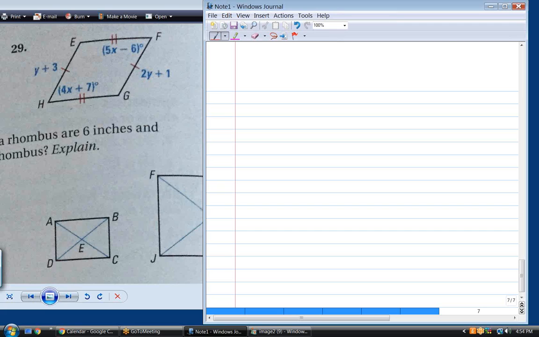Parallelogram is 2 equal and opposite sides that are also parallel. Okay? So they tell us that side's equal to that, and that side's equal to that. That says parallelogram to me. And what else do we know about a parallelogram in terms of angles? Same as rhombus.